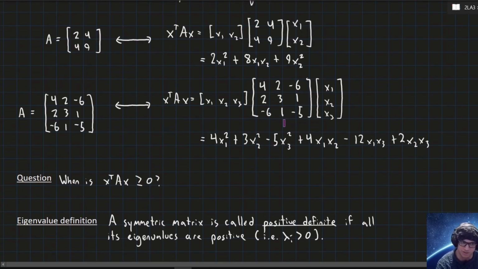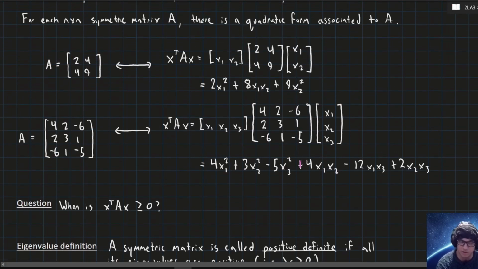It's not easy to tell just by looking at this. It's not even easy to tell looking at the simpler one. This part will always be positive, this part will always be positive, but this part could be negative, because we have x1 and x2.